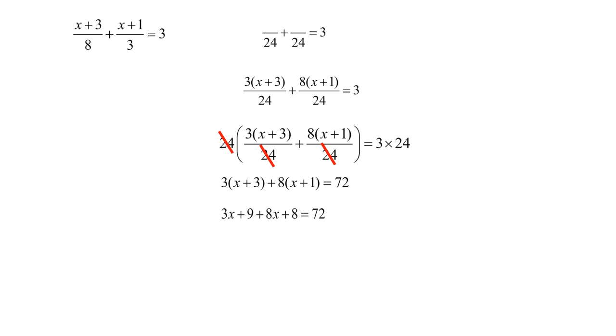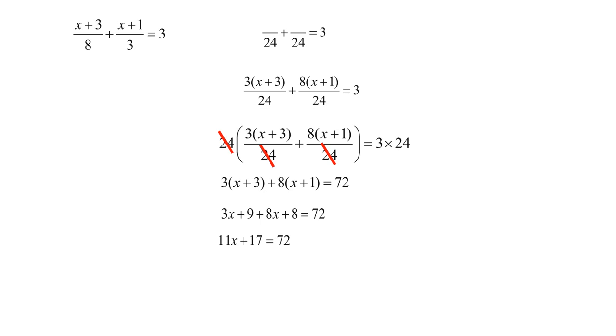At this point, we can collect our like terms. Our 3x and our 8x can be added together to give us 11x, and our 9 and our 8 can be added together to give us 17. So we get 11x + 17 equals 72.